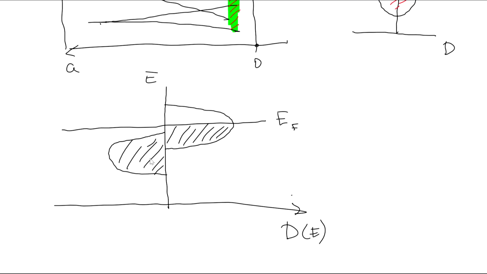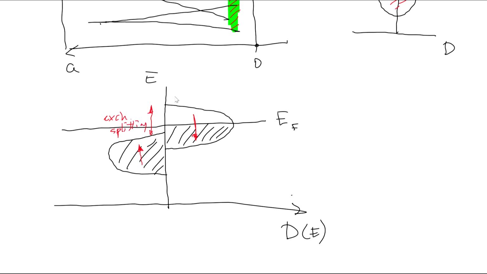What I drew here is, let's say, the spin up state of electrons, and this is the spin down state of electrons. Notice this is the Fermi level, which means that if you have a metal with electrons moving, it would be these electrons and these electrons that would define the conductivity. This difference is called exchange splitting.